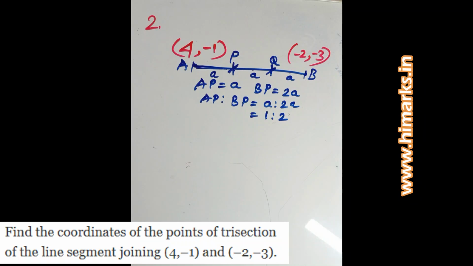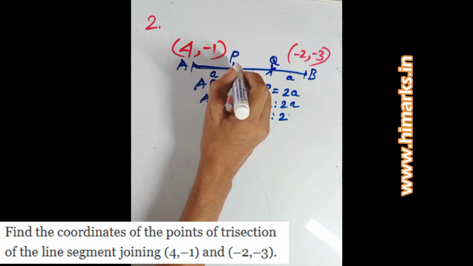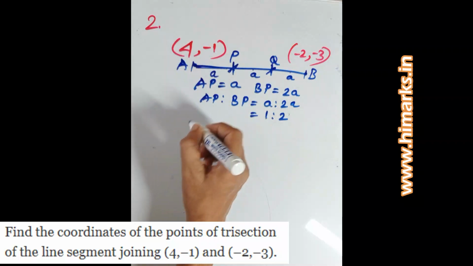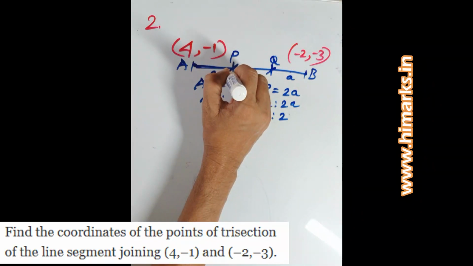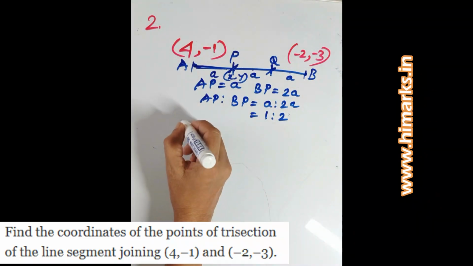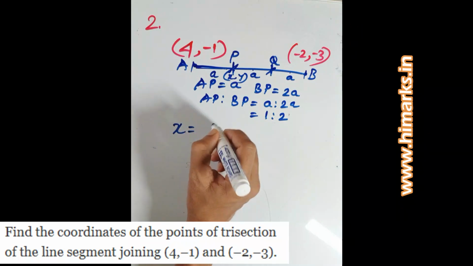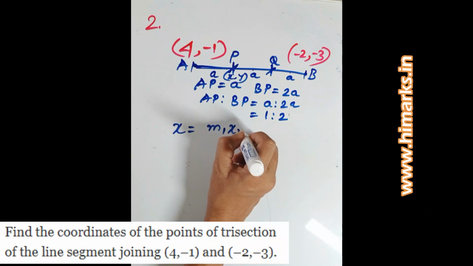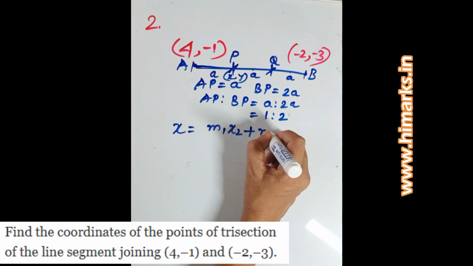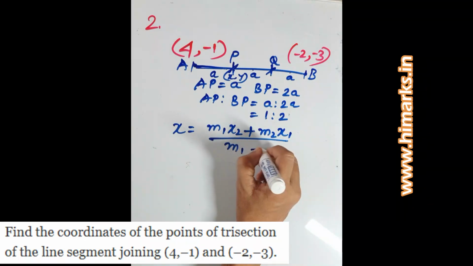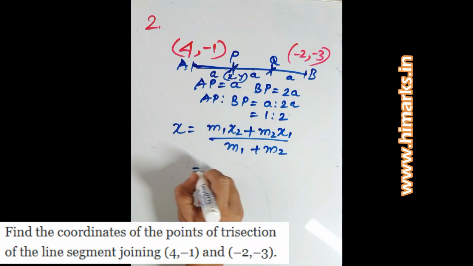So we will write the section formula. For the P point, say its coordinate is x and y. Now for x, the formula will be m1 x2 plus m2 x1 by m1 plus m2.